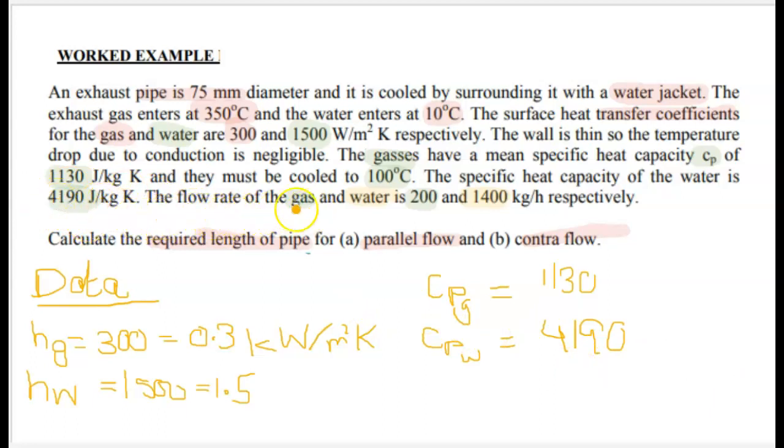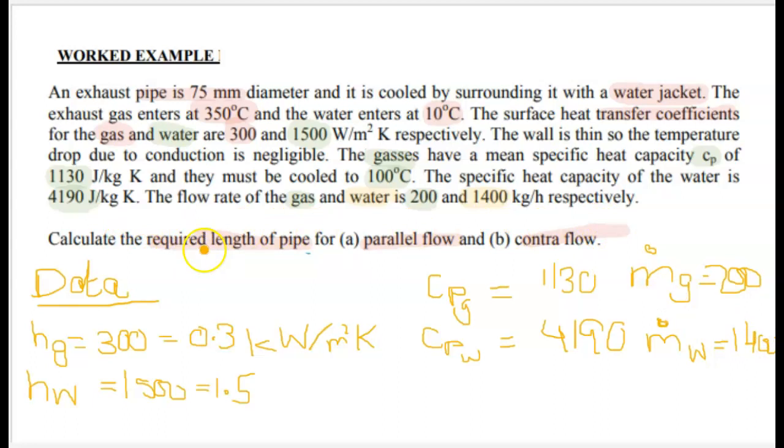The gas flow rate, m dot for the gas, in kilograms per hour, is 200. I'm not putting the units, but the units are kilograms per hour. And the m dot for the water is 1400 kilograms per hour.